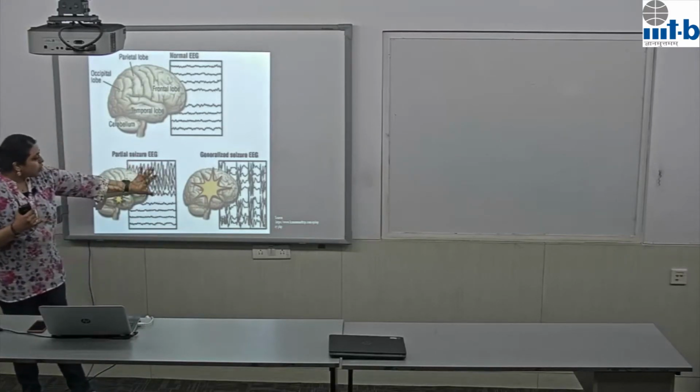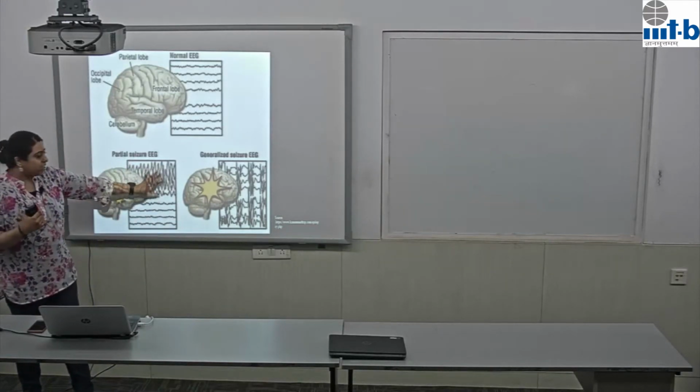There are two types of seizure. One is partial seizure, where only a certain part of the brain abnormally fires, and the other is generalized seizure, where all parts of the brain abnormally fire. This is easily captured in the EEG: in a partial seizure only some of the channels have abnormal EEG, while here all the channels have abnormal EEG.